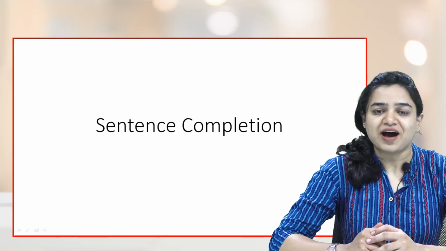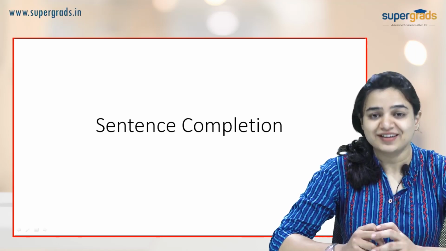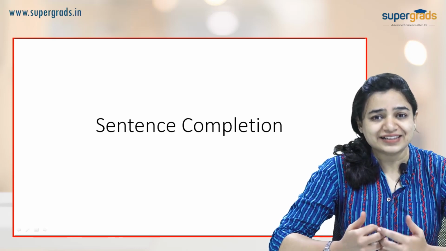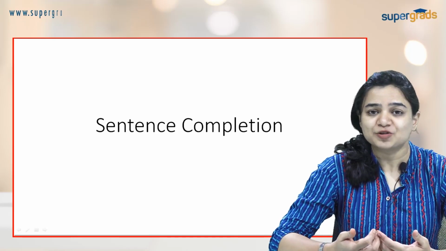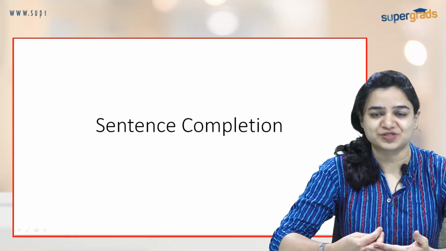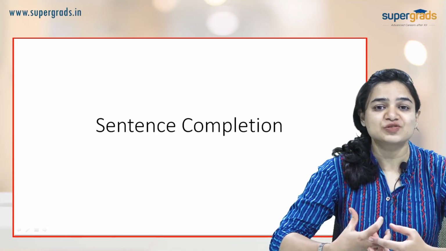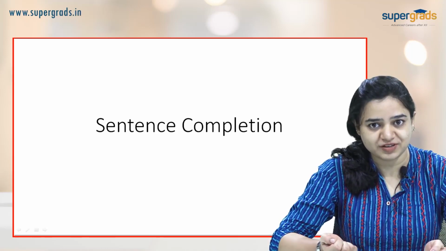I want you to look at it as an incomplete story, and this is somebody else's story, not your own. If you are asked to complete it, you must know the central characters, the context and the theme. So that is what we will first do when we handle any sentence completion question.